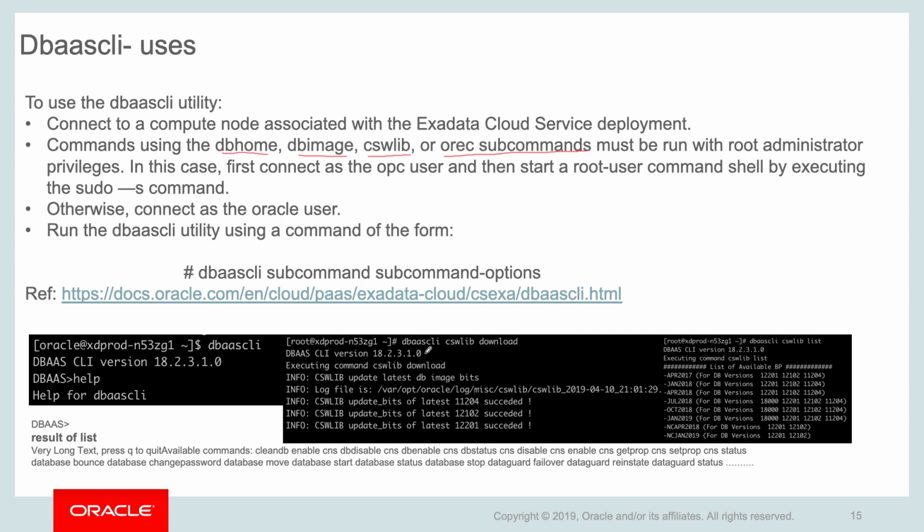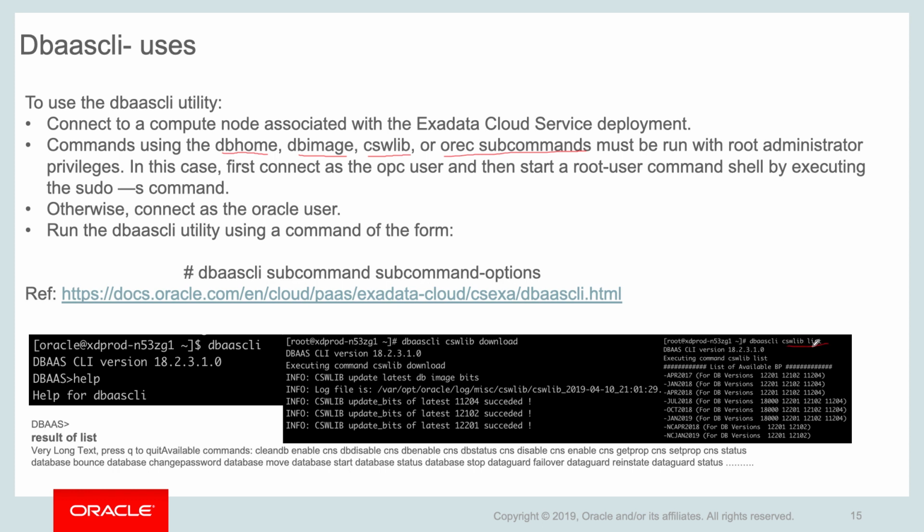Another thing we were discussing is how it can help you get the latest software binaries for your ExaCS environment. So I'm logged in here on my Exadata cloud compute node, and I ran dbaascli cswlib download. That downloads all the binaries which are new and not present in my software library. Before getting into this command, if you take a look at this screenshot, I have used the command dbaascli cswlib list, right?